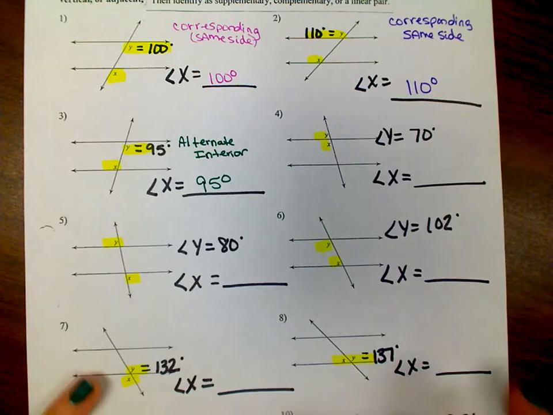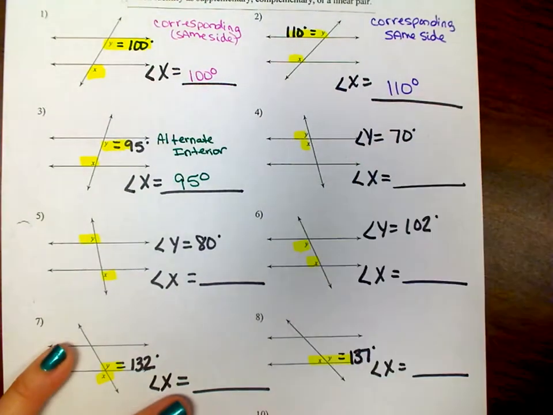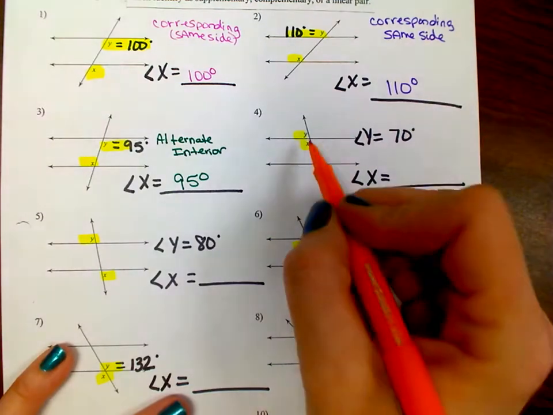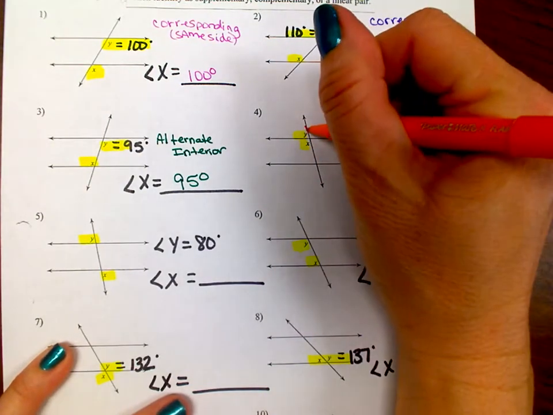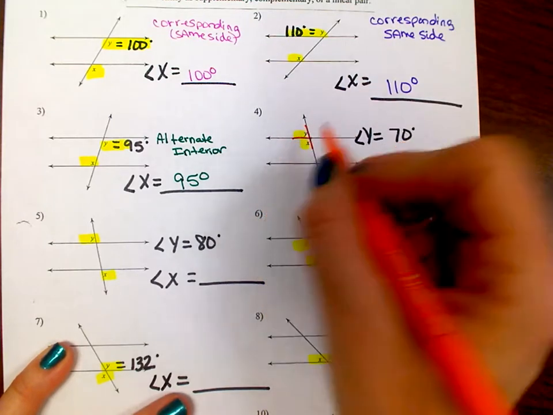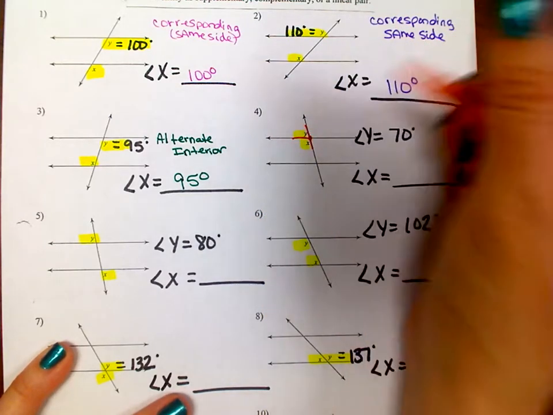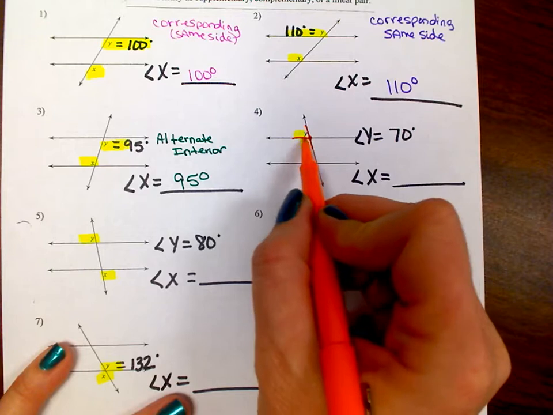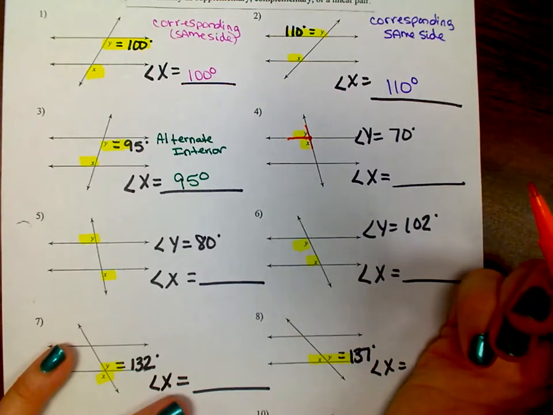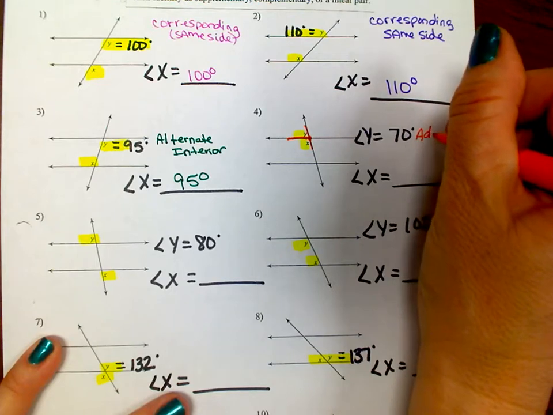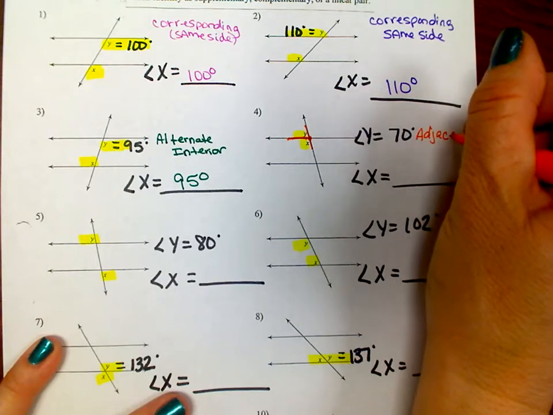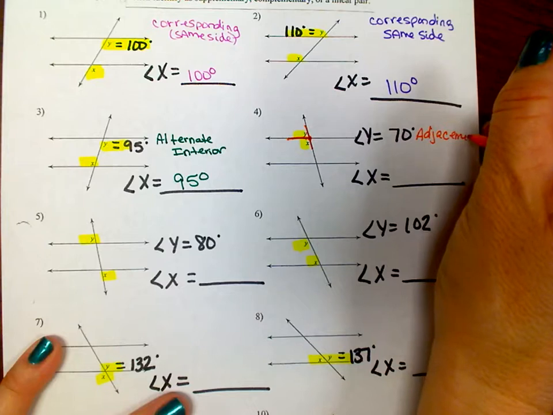Number 4, we have Y and X, and they're touching each other on the same side. They share a vertex and a side, so those would be adjacent.